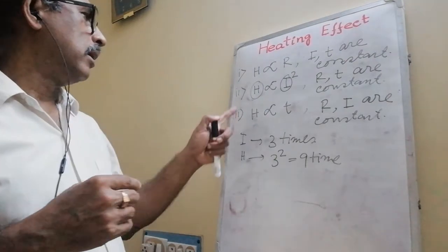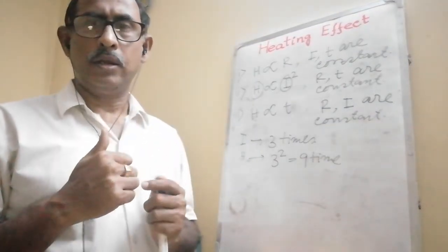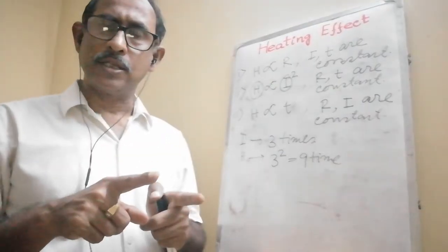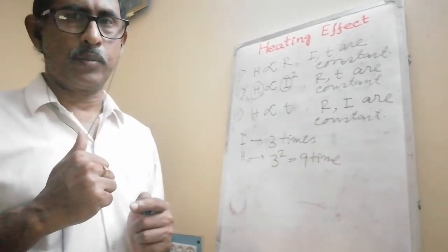If the current decreases by 2 times, then the produced heat decreases by 2 square, that means 4 times.